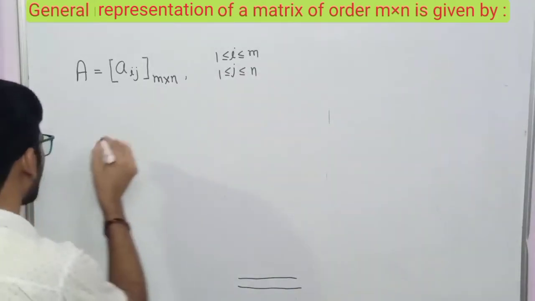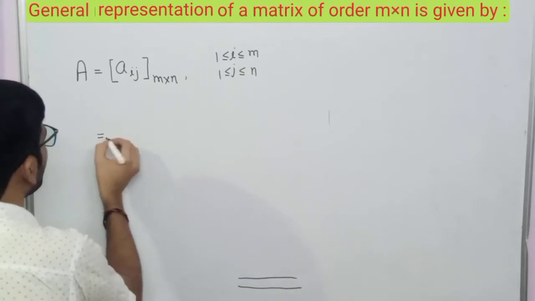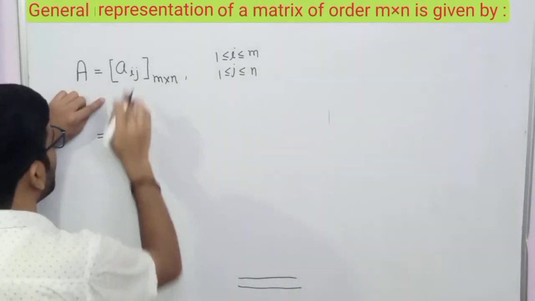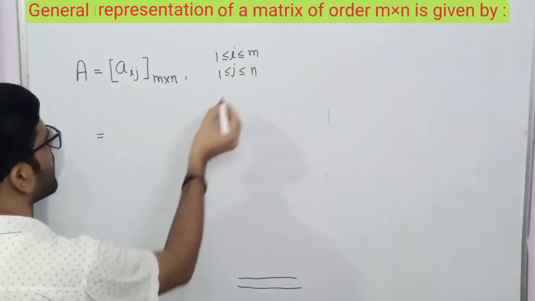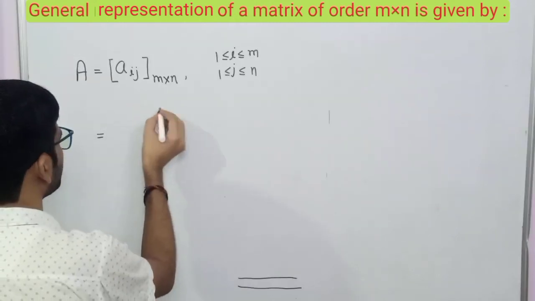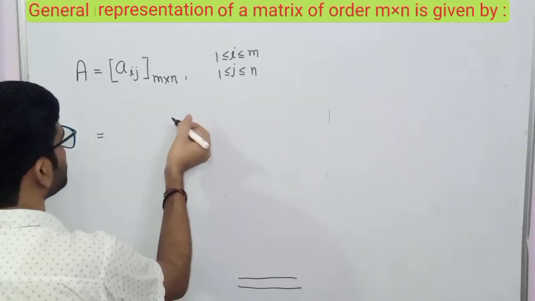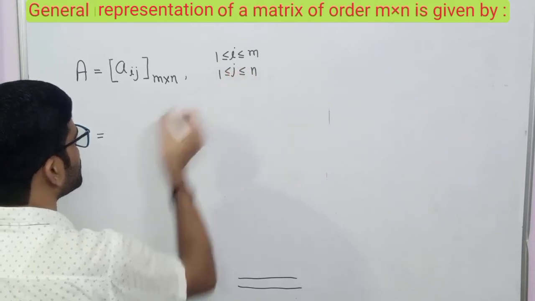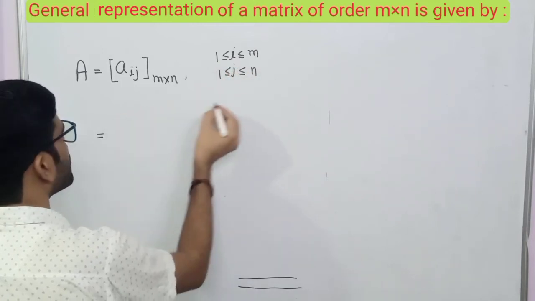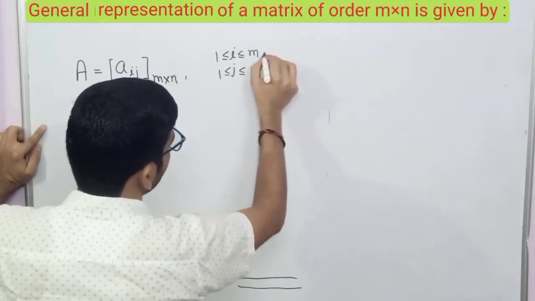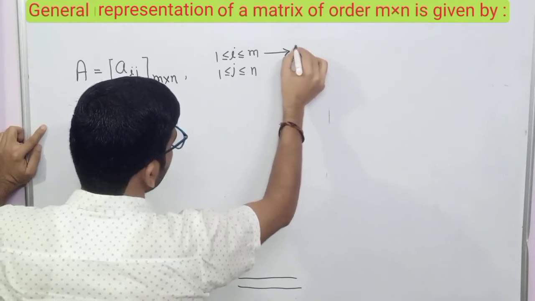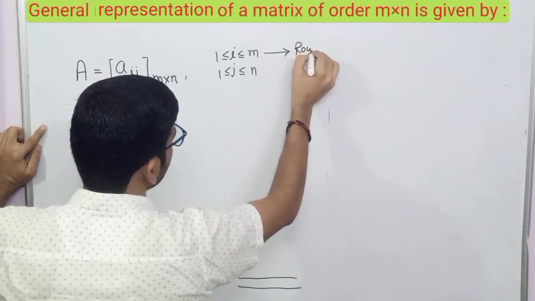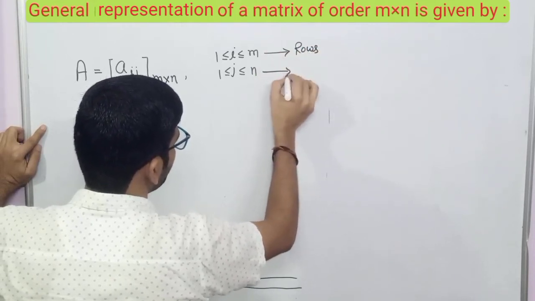And here we write, if we use i equal to 1 and j equal to 1, okay, so this represents rows and this is columns.